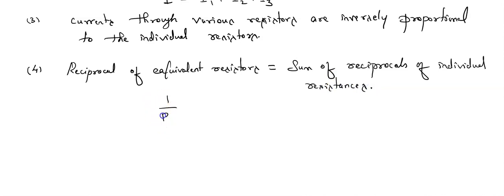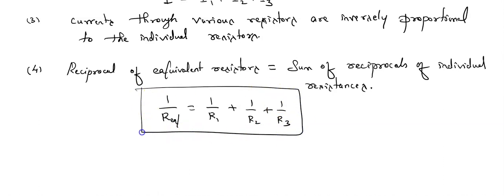That is, 1 by Req will be equal to 1 by R1 plus 1 by R2 plus 1 by R3. So this is the formula to find the equivalent resistance when the resistors are connected in parallel.